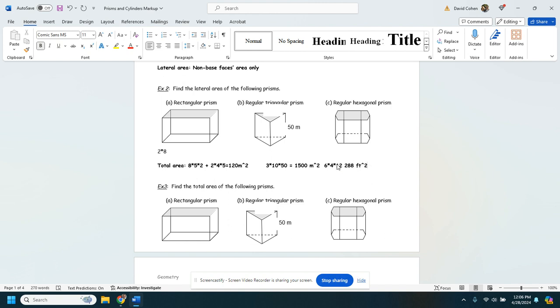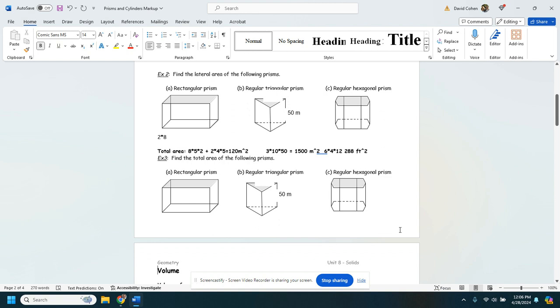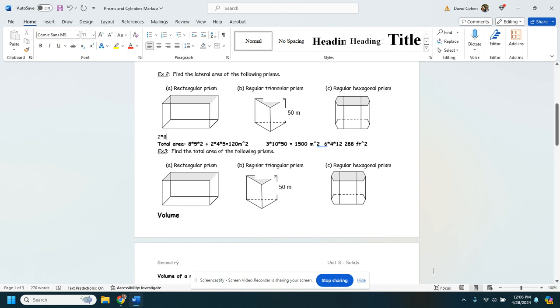Probably the easiest thing we can do is finding the total areas now. And that's just a matter of adding what we already came up with for our totals. So we've got our 120 plus our 64.